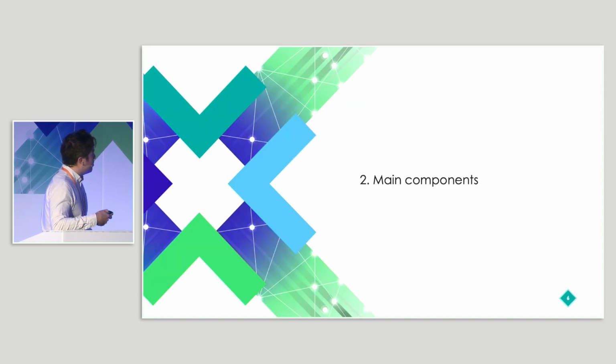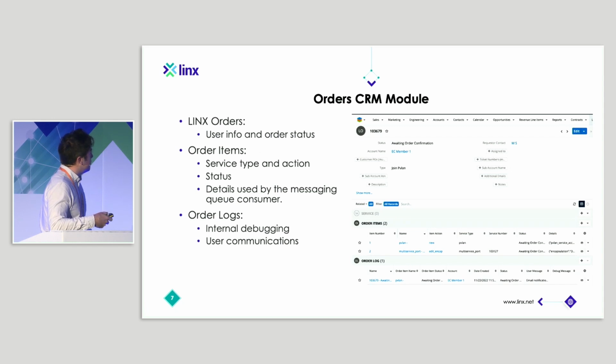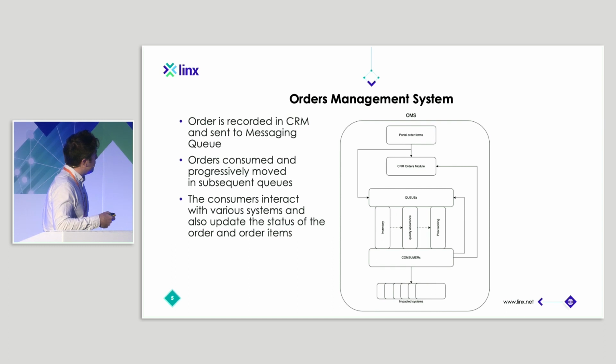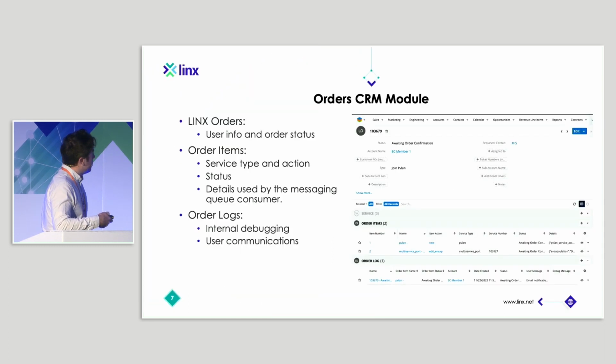Now if you go on the main components, as you can see in the previous slide, the first point is the CRM order module. We created the order entity in our BSS. It's composed of 3 main elements. First, the LINX order itself, which contains the user information and the overall order status.